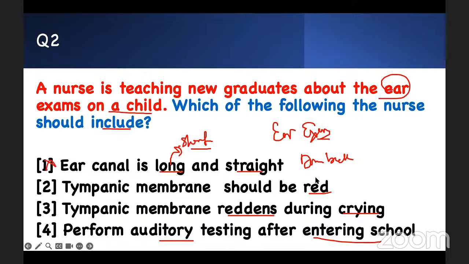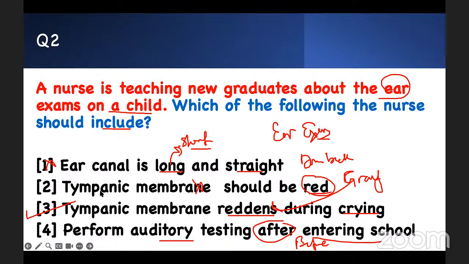The tympanic membrane is not red. It's gray in color. But when they cry, it turns red, so this is wrong. When they cry, it becomes red so that you can see much better. You perform your exam before they go to school.